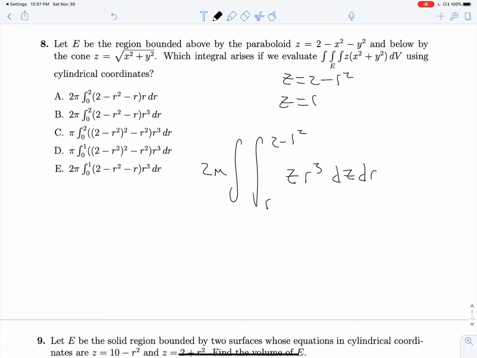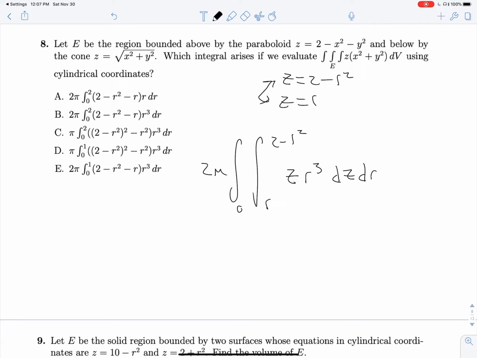Now as for our bounds on r, we are going to get our minimum r from our lower bound over here. When z is equal to 0, r is equal to 0. And we will get our maximum from setting these guys equal to each other and solving.